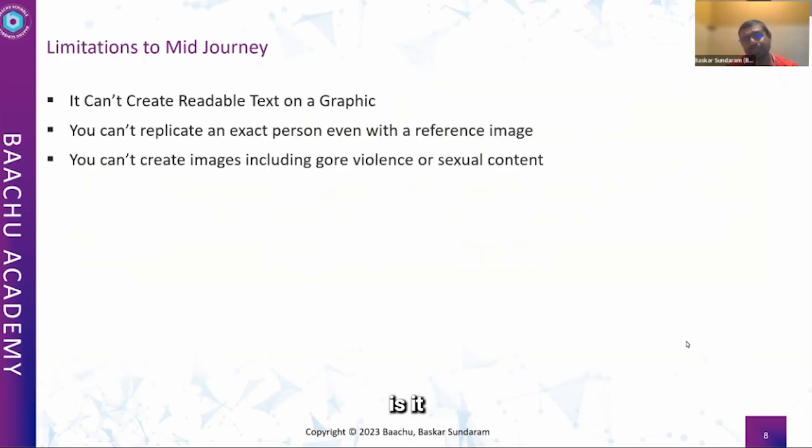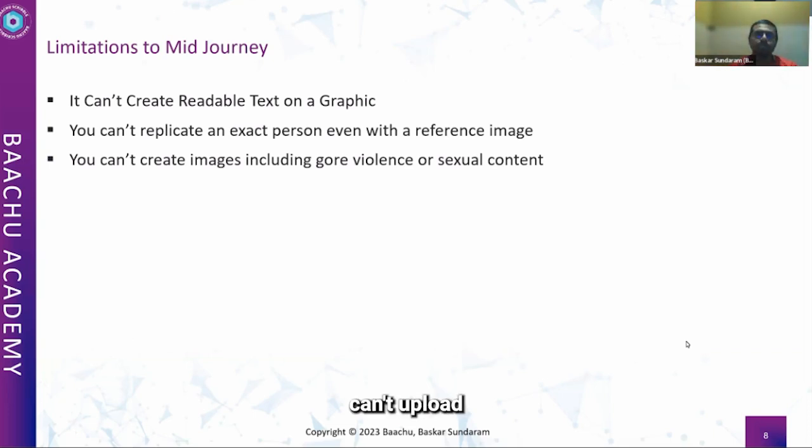The biggest drawback is that it creates a very compelling graphic, but it won't allow you to add any text to it. You can put a reference link where it can look into that.